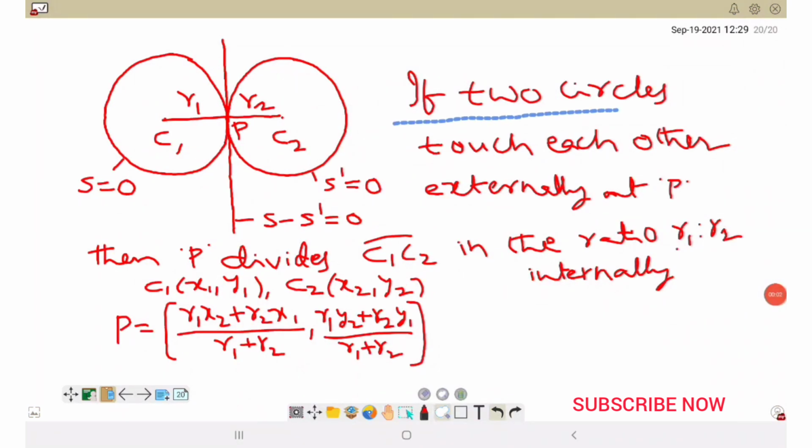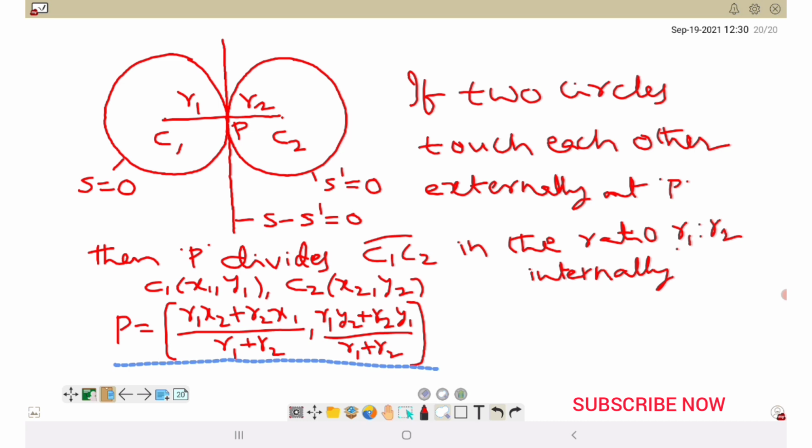If two circles touch each other externally at P, then P divides C1 C2 in the ratio R1 is to R2 internally. Let C1 be the center of the first circle and C2 the center of S dash equal 0. Here P is the point of contact.